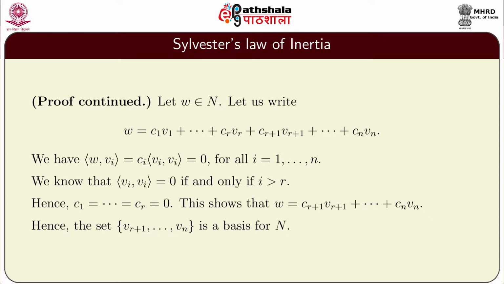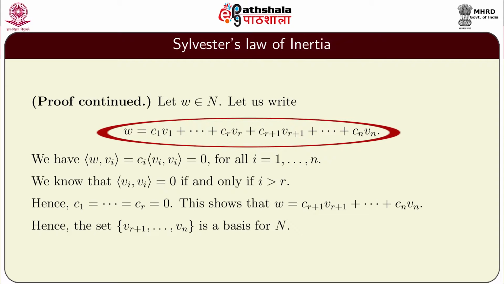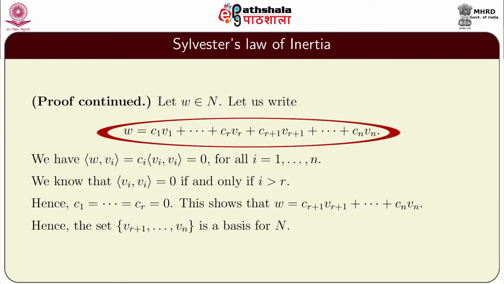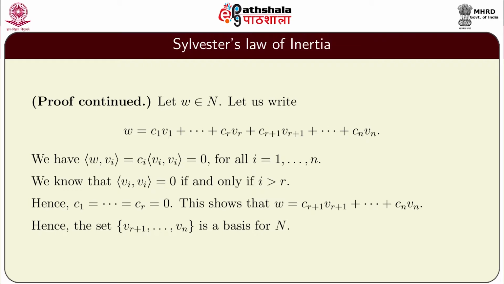We know that V1, V2 and so on up to Vn is a basis, and therefore, we write W as C1 V1 plus ... CR VR plus CR+1 VR+1 plus ... Cn Vn.